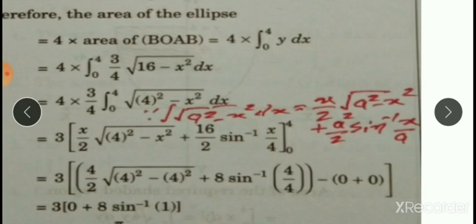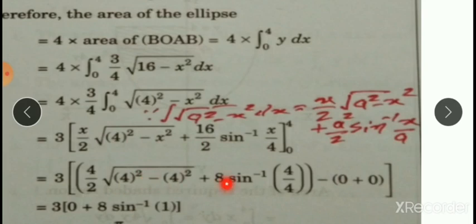Apply the upper limit and lower limit. Substitute the upper limit first: 4 upon 2 root 4 square minus 4 square plus 8 sin inverse 4 upon 4. Lower limit is 0, so everywhere it will be 0. Zero multiplied by this will be 0, and this term will also be 0.